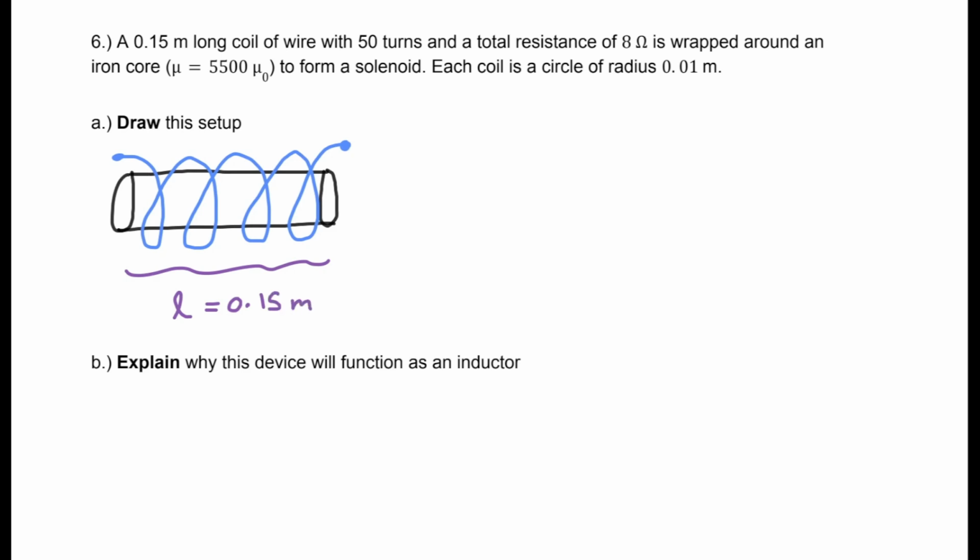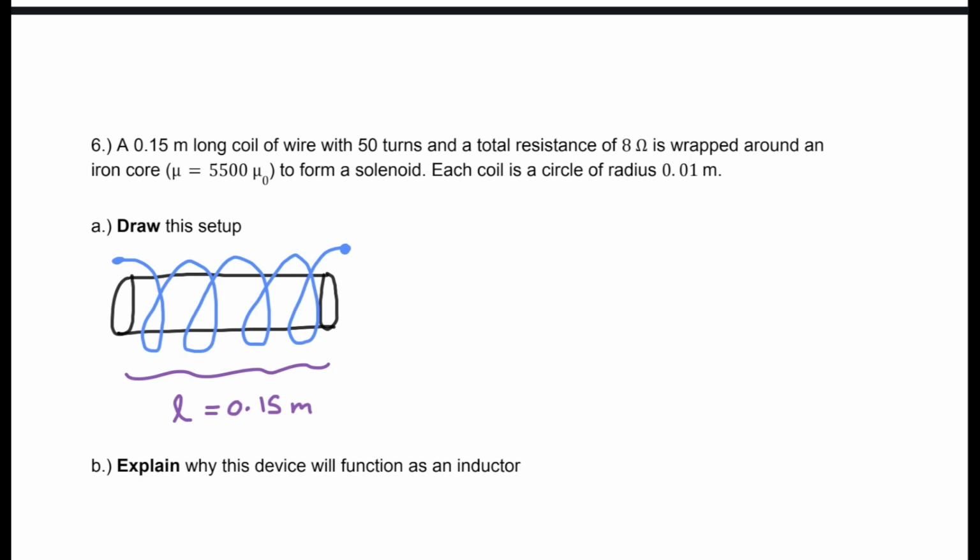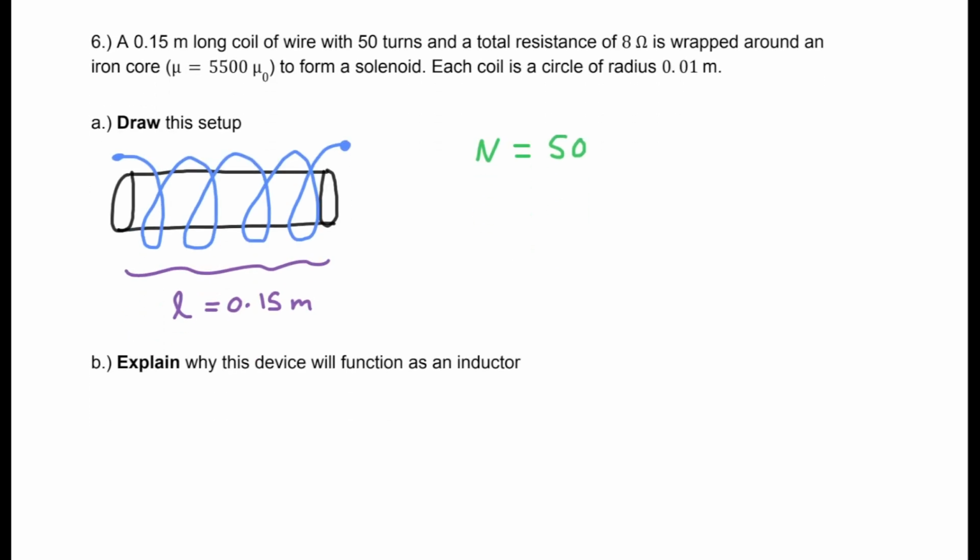And then we're also given some other values like 50 turns. So notice this is capital N, which is just the number, not little n, which is turns per meter. We're also given that the mu of this material is 5,500 times bigger than mu naught, remembering that mu naught is 4 pi times 10 to the minus 7, and that would be Tesla meters per amp.